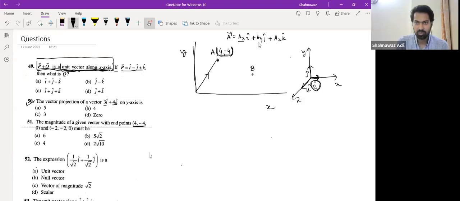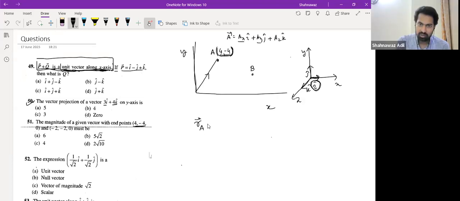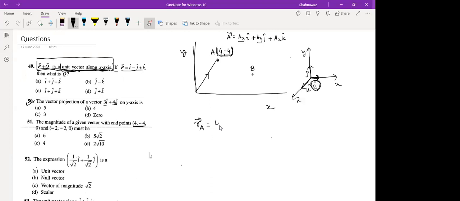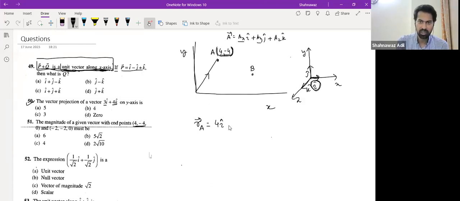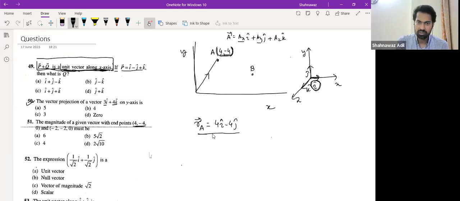And the y component is -4. So what would be the vector? 4 I cap and -4 J cap. Yes, absolutely, you are going in the right direction. So this is the position vector of this point.